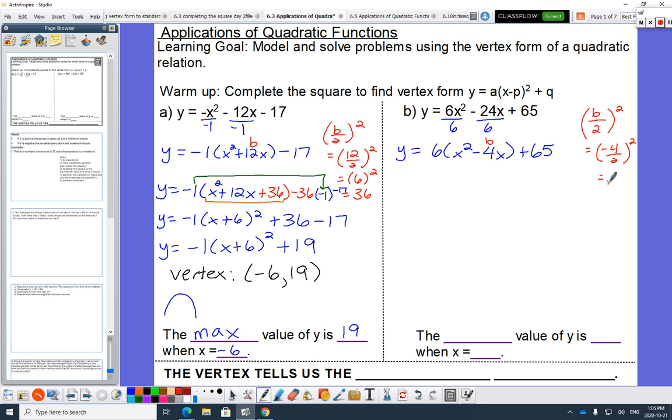Do -4 divided by 2. And the -4, you have to multiply by 6.